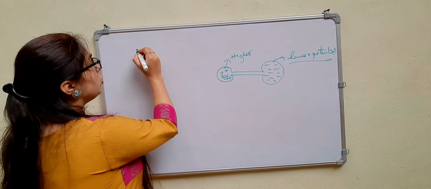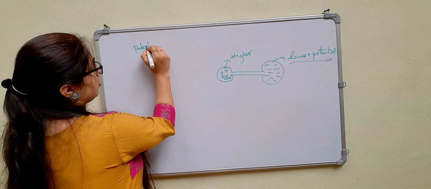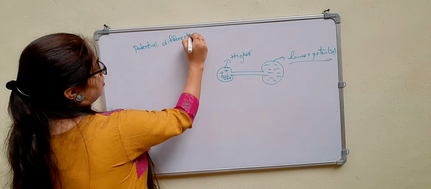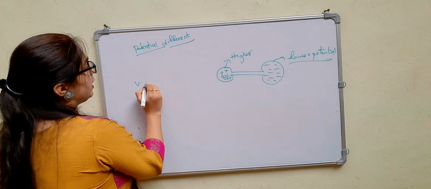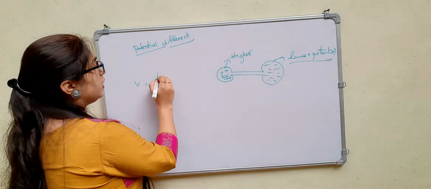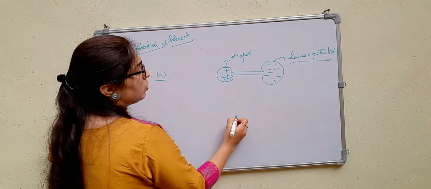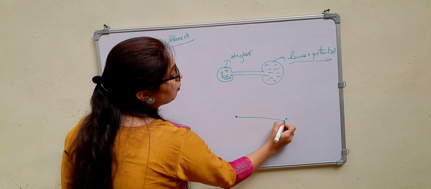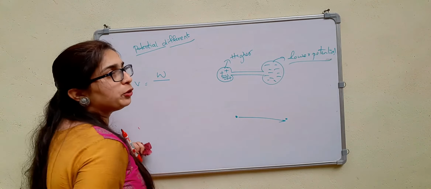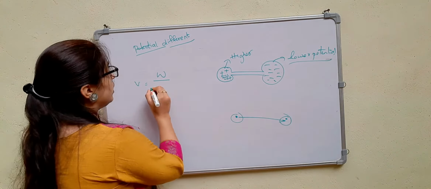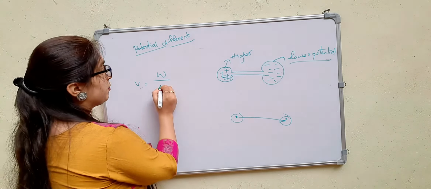And your potential difference is nothing but the amount of work done in moving 1 coulomb of charge from one point to another point. I have to move this charge from one point to another point in a circuit. So that work done will be your potential difference.